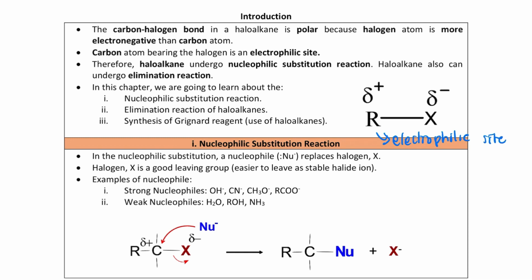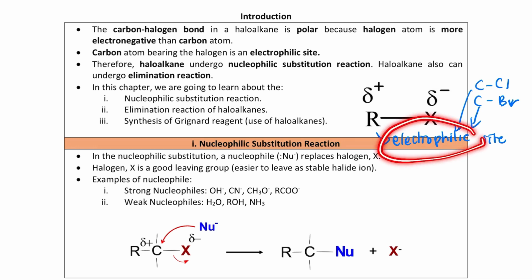Yeah, okay. So ingatlah C attach dengan Cl, C attach dengan Br. So kawasan carbon ni semua adalah kawasan yang kurang elektron. Okay, electrophilic side. Okay, and then therefore haloalkane undergo nucleophilic substitution reaction. Okay, kan kita belajar apa?